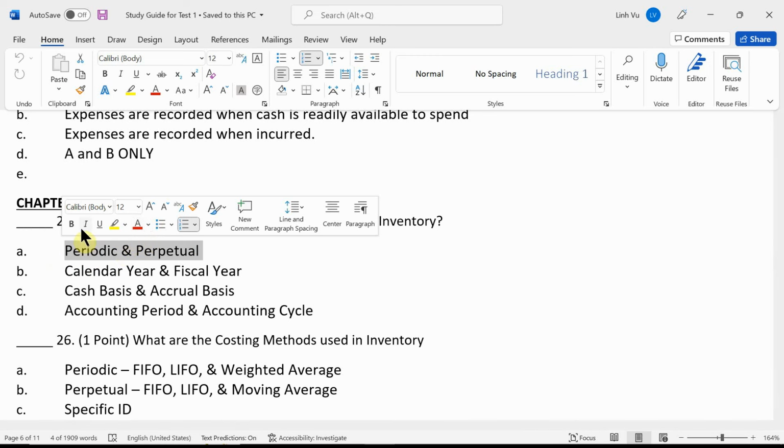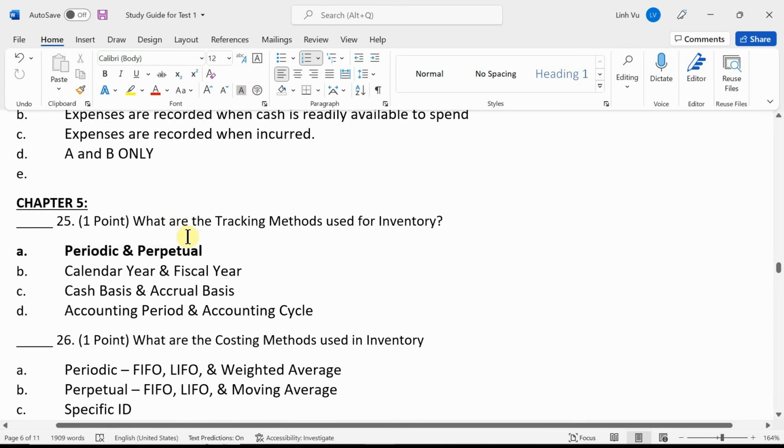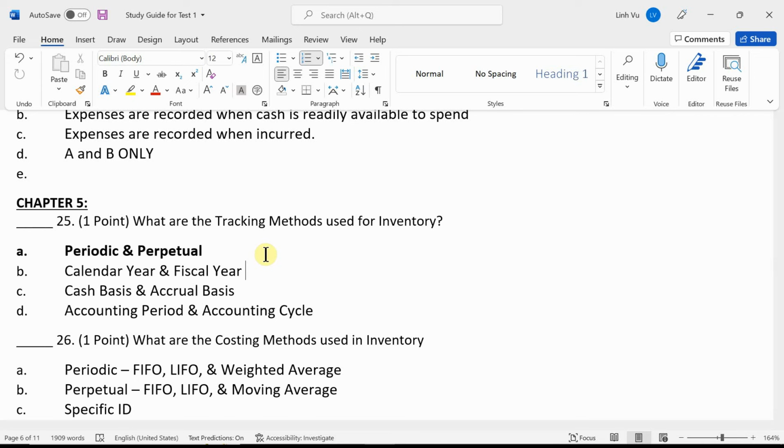Okay, now be very, very careful when reading because I asked you what the tracking methods are for inventory, right? You don't use periodic and perpetual for anything other than inventory, right? You don't do it for keeping track of your sales, right? You don't use it for your sales, right?